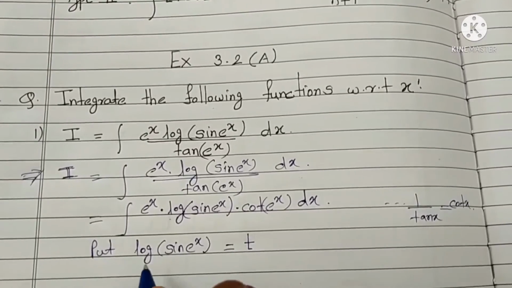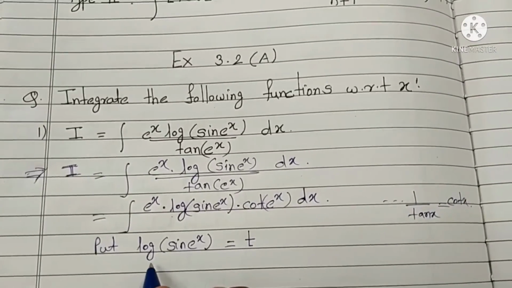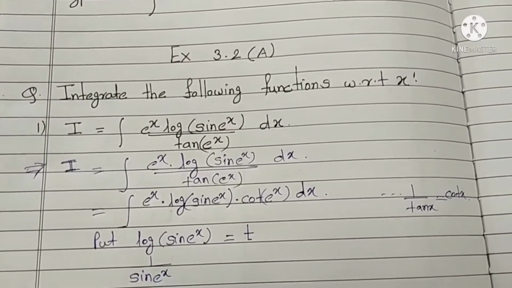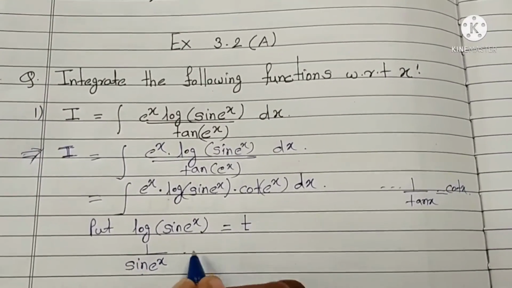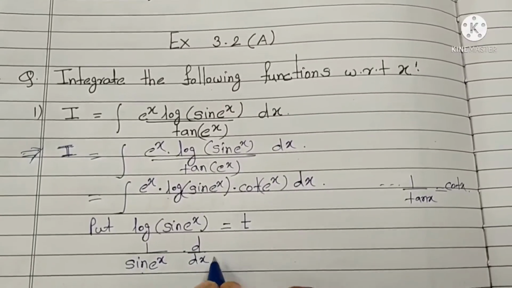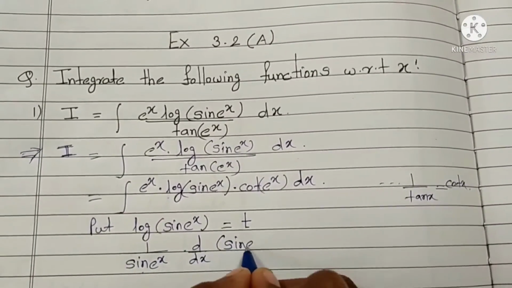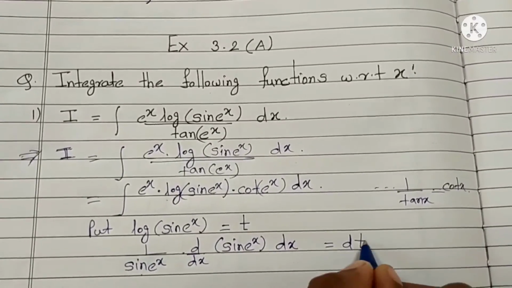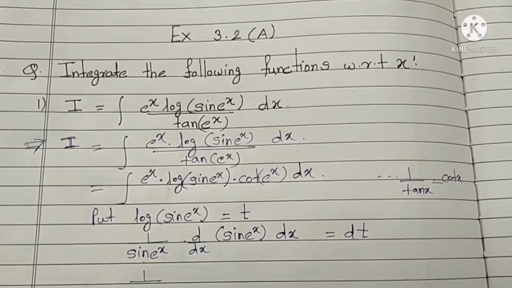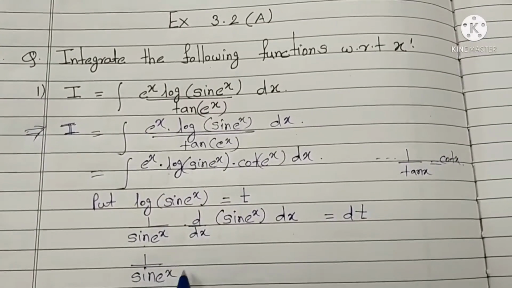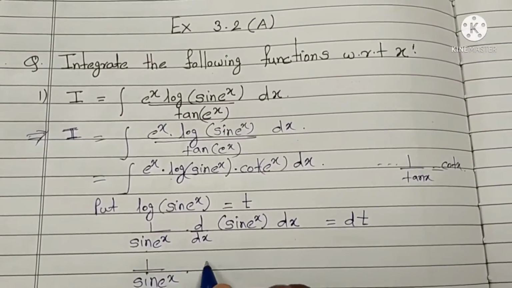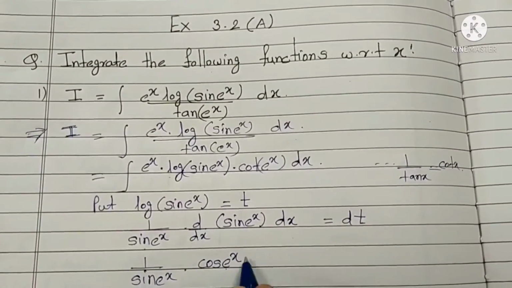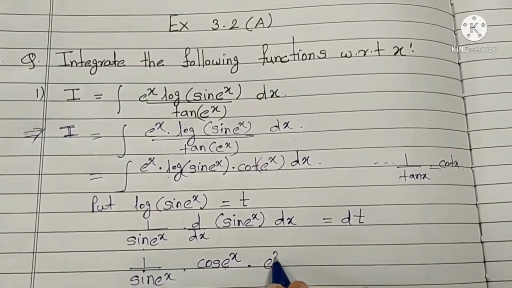Now differentiate it. We know that the derivative of log x is 1 upon x, so it is 1 upon sin e raised to x. But this is our function, so take the derivative of this also. The derivative of sin e raised to x is cos e raised to x, and the derivative of e raised to x is e raised to x.